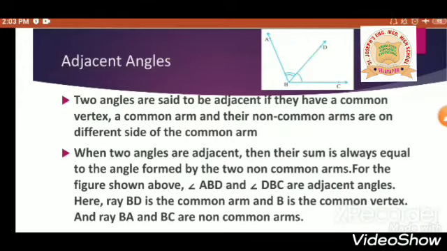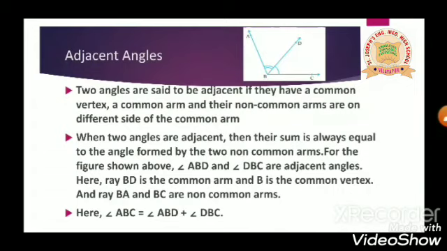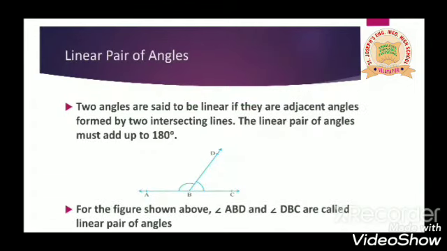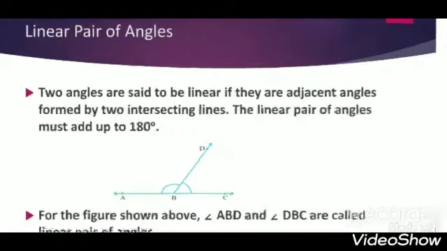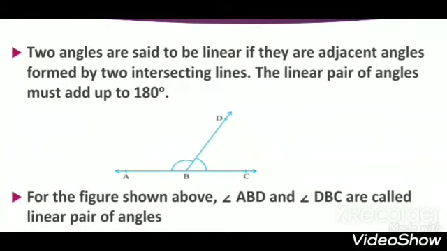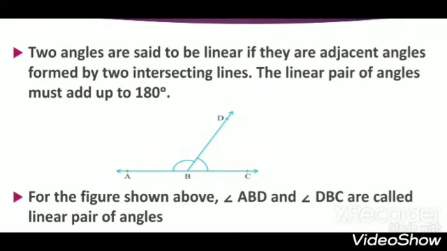Now let's go for the next part, that is a linear pair of angles. What are these linear pair of angles? Two angles are said to form a linear pair if they are adjacent angles formed by two intersecting lines. The linear pair of angles must add up to 180 degrees. Just now we have studied complementary angles and supplementary angles.